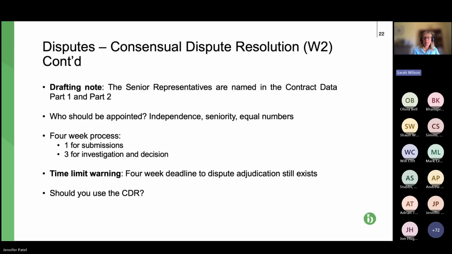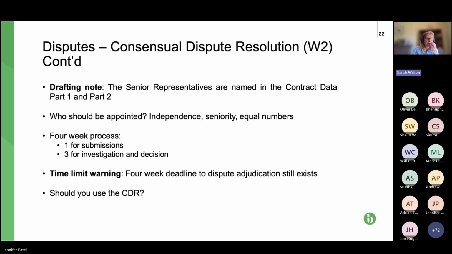So the senior representatives, when you are negotiating the contract, their names are inserted into the contract data. So the client's names go into contract data part 1, contractor's in contract data part 2, and ditto as regards the subcontract.